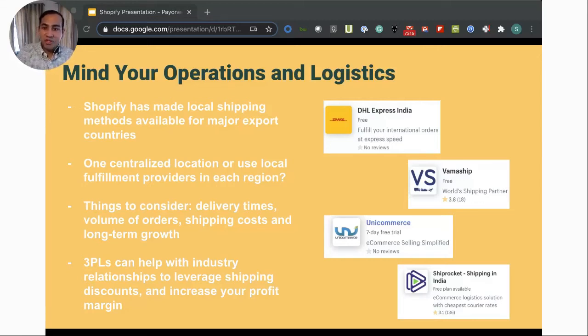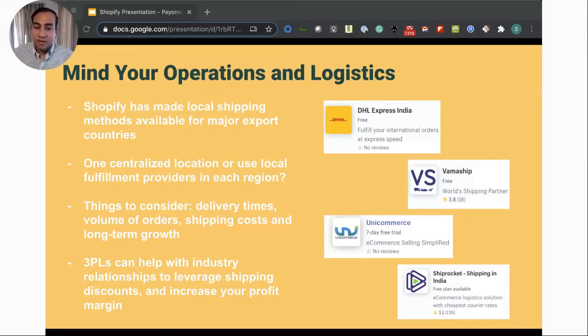So Shopify fortunately has all the relevant integrations with major shipping players for pretty much all the major global export countries, right? You can think about whether you want to fulfill using one centralized location versus having local fulfillment providers in each region. But I think that becomes more relevant once you've started hitting some scale in a given region or a country.